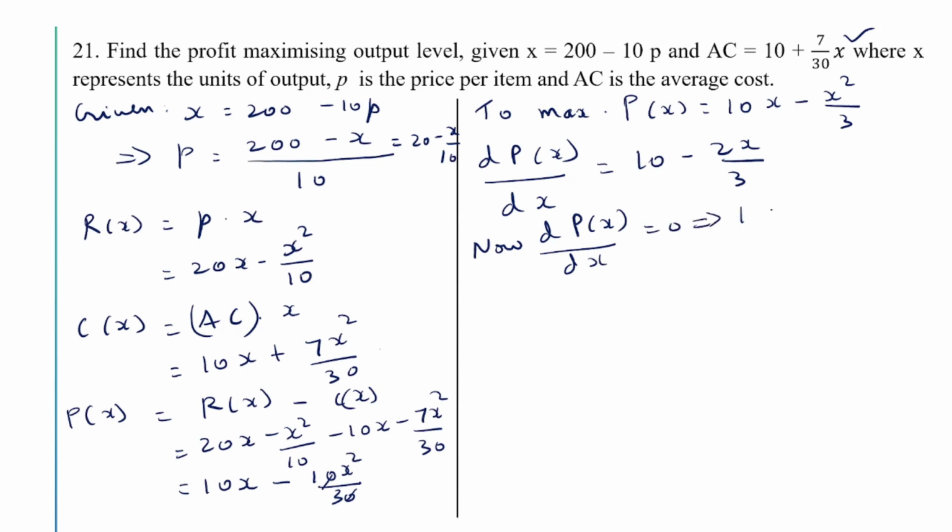Which means 10 minus 2x by 3 equal to 0, or we have 30 is equal to 2x, or x is equal to 15.